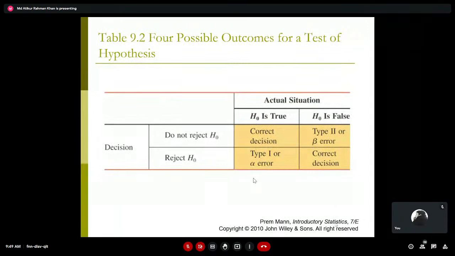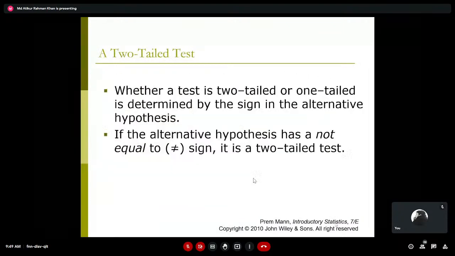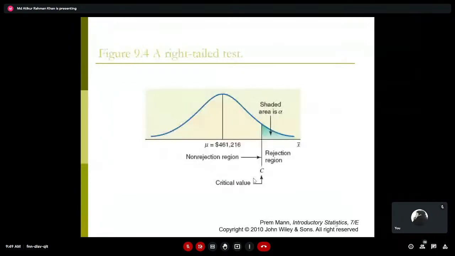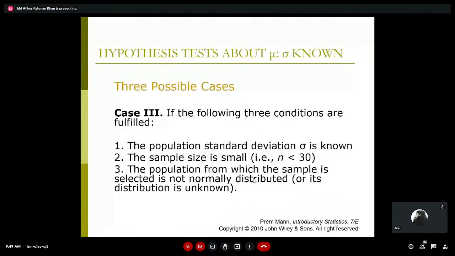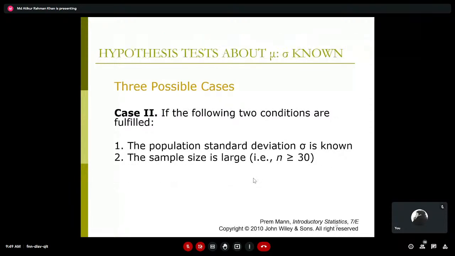To identify the distribution for the test, we need to think about a few criteria. One of the key criteria is whether sigma is known or sigma is unknown. Let's see case 1, case 2, case 3.